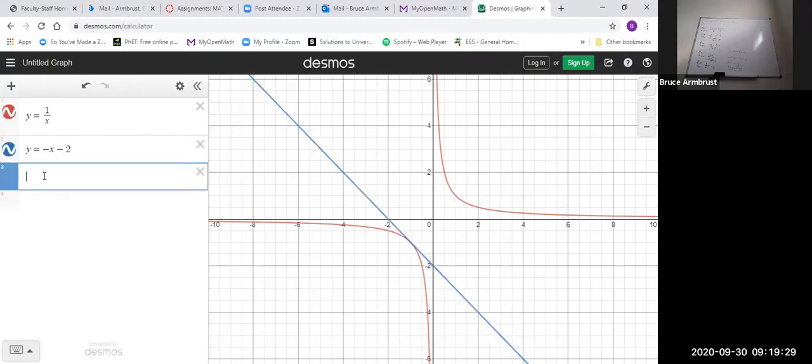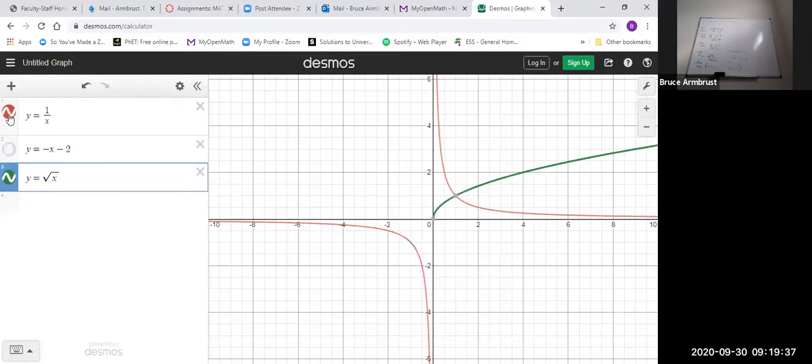So we did y equals the square root of x. Let me turn off these other guys. But we have y equals the square root of x. And then we were looking at, help me remember, was it 1/4? Or I mean 4 at x equals 4?